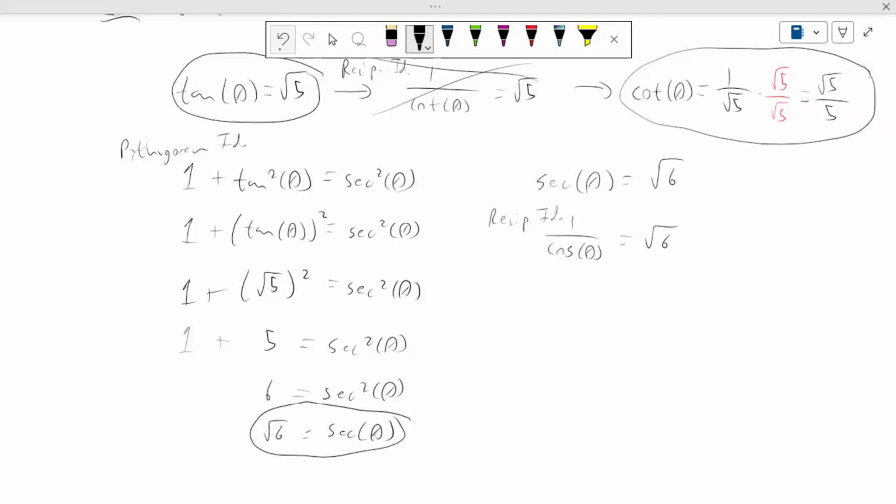Now I can take reciprocals on both sides of the equation to get that cosine of theta is 1 over the square root of 6, which I can then rationalize. I get that this is the square root of 6 divided by 6. So now I have my cosine of theta.